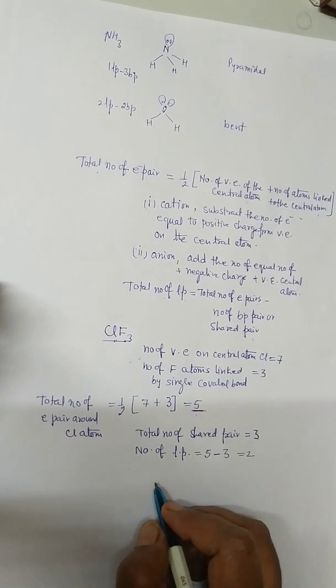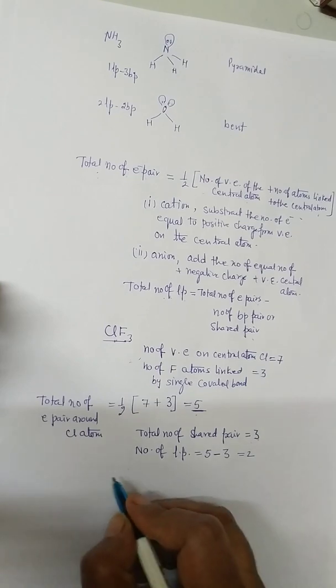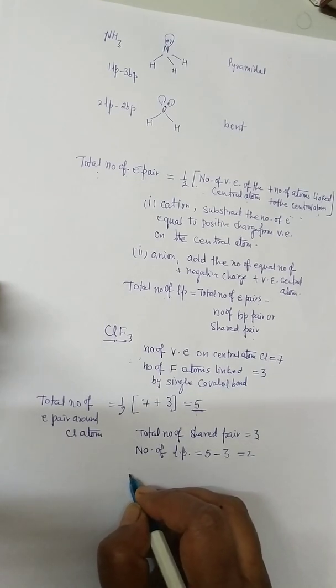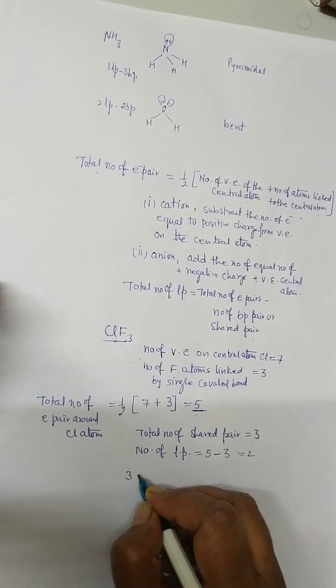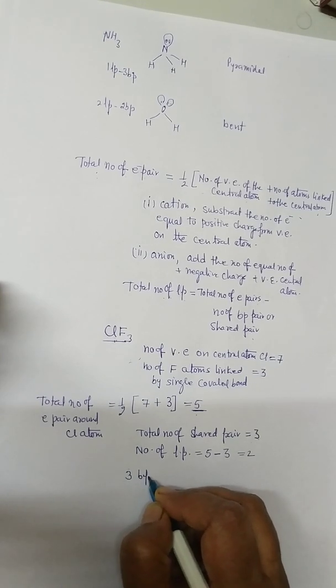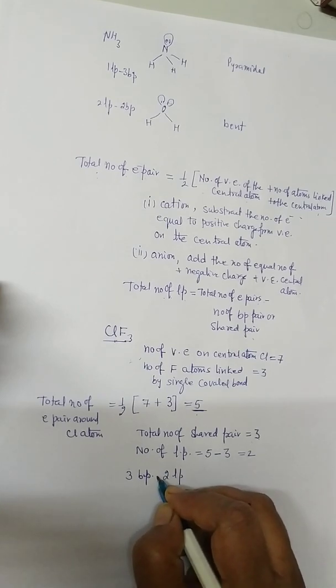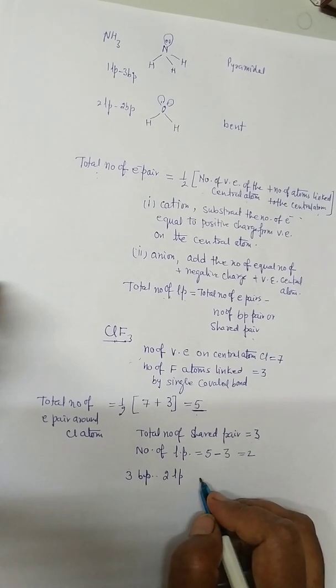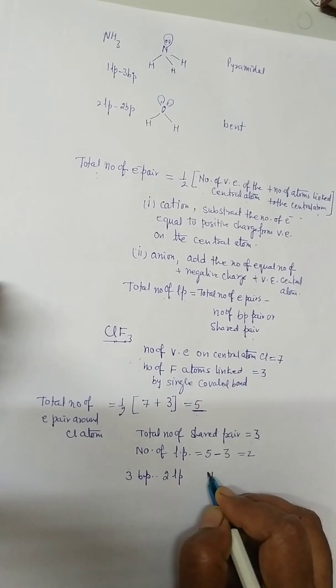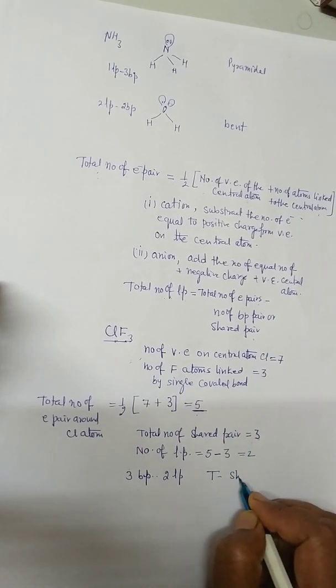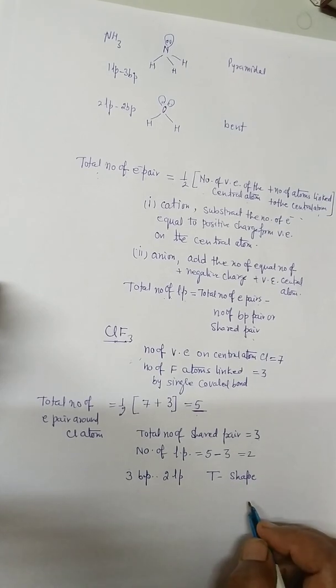And the shape of this molecule, which has 3 bond pairs and 2 lone pairs, the ClF3 molecule has a T shape. How will we draw it?